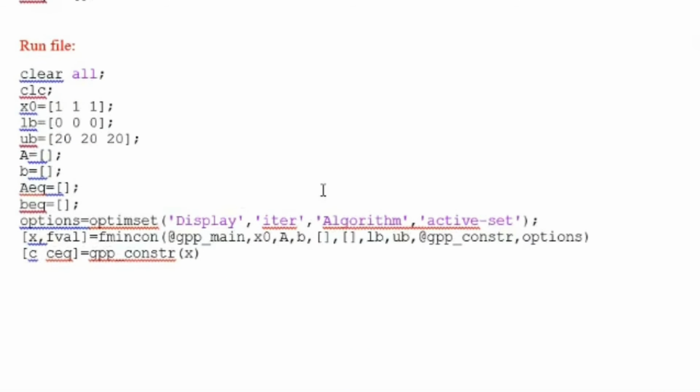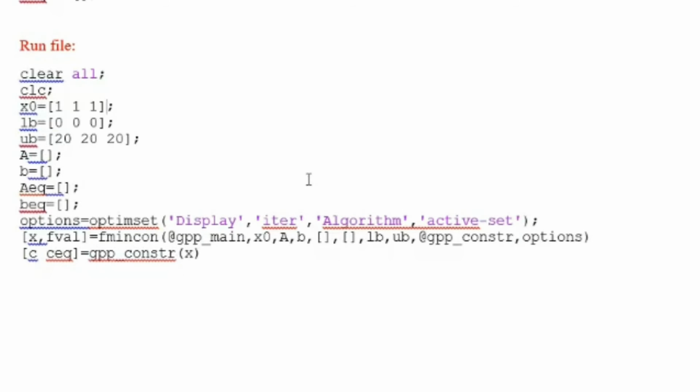And then the run file for this, as per the syntax, fmincon. First clear all, clc, just to clear the command window during each and every iteration. These two we can generally write. And then we have to give the initial guess. Generally, how can the initial guess be provided?